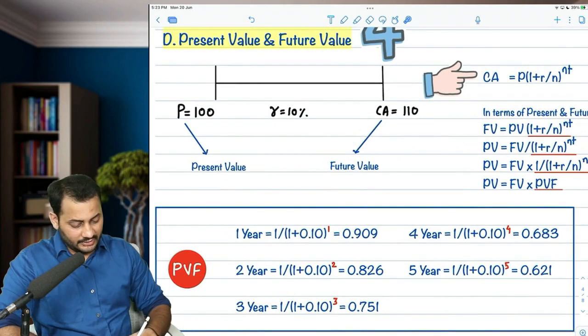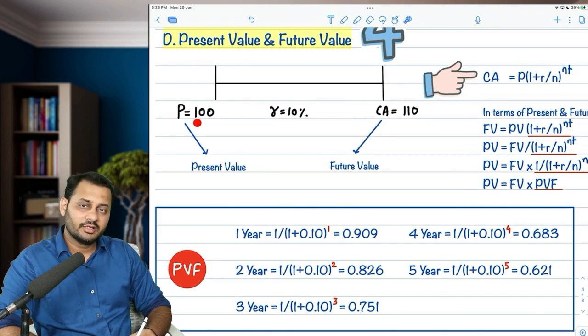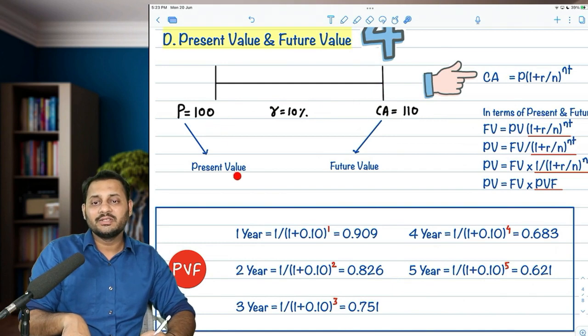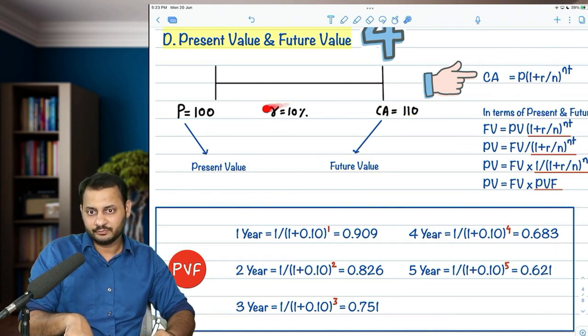Now, have you seen that first example of simple interest or compound amount? A principal of 100 rupees invested at a 10% rate of interest gives you 110. So at time 0, the invested amount was 100, and at time 1, meaning after 1 year, the amount we received is 110. In other words, we can simply say that 100 rupees is the present value and its future value is 110 rupees.